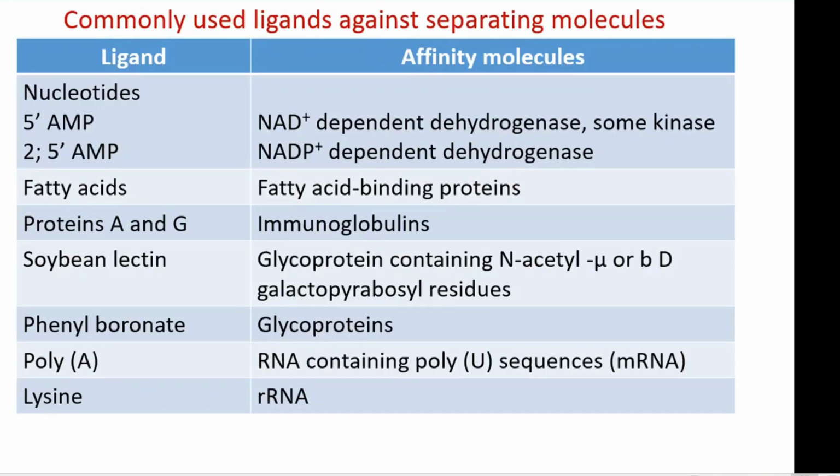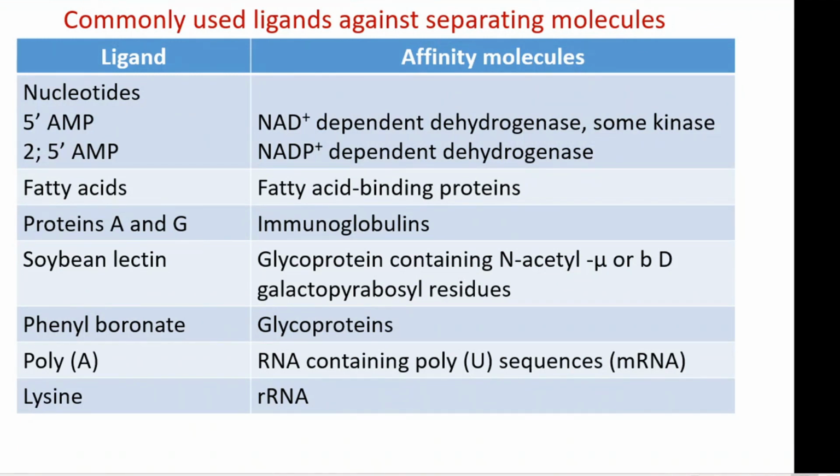Okay, so what are the different types of commonly used ligands in the preparation of the matrix, the affinity molecules which we are going to use to separate different molecules? The affinity molecules are usually the molecules which can be separated from the matrix.